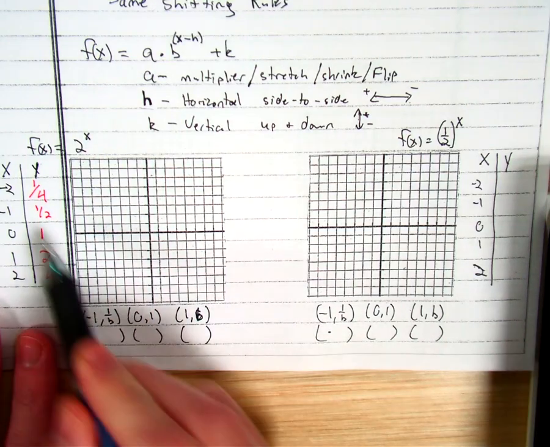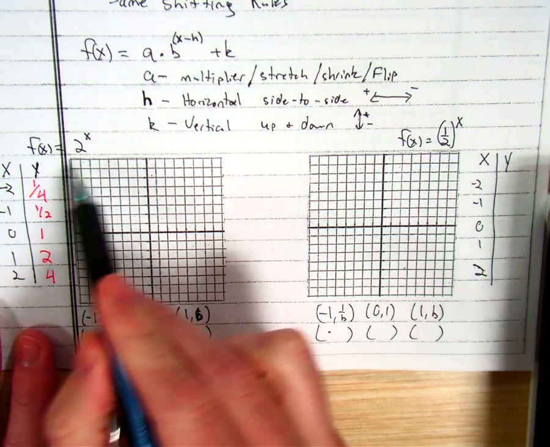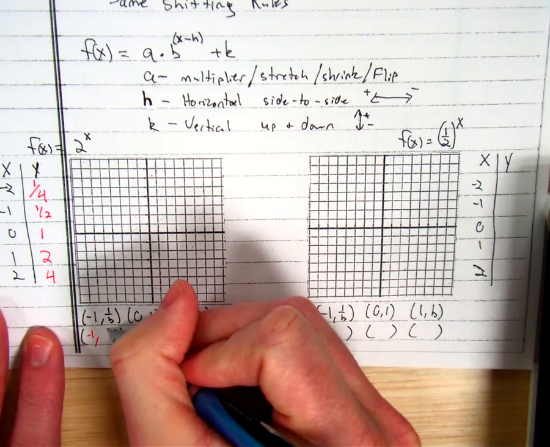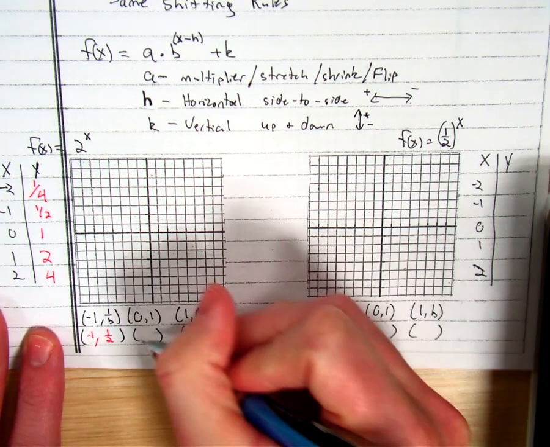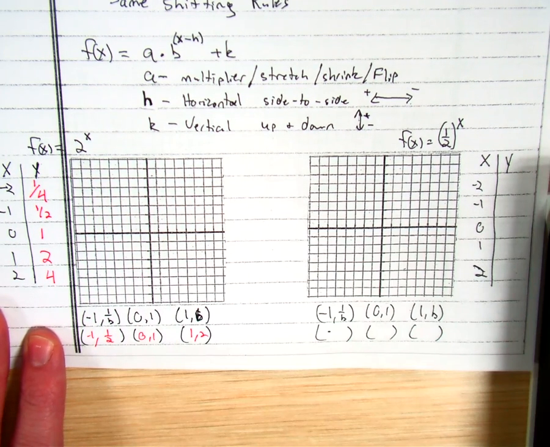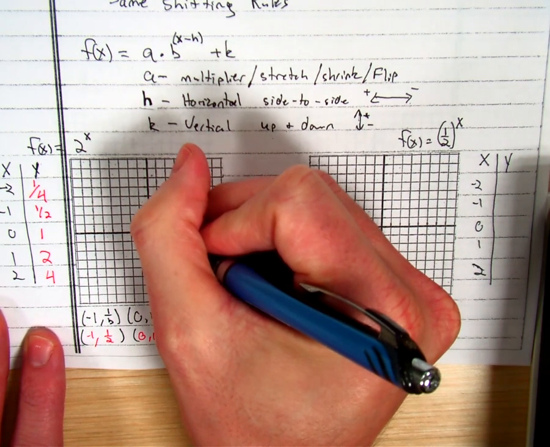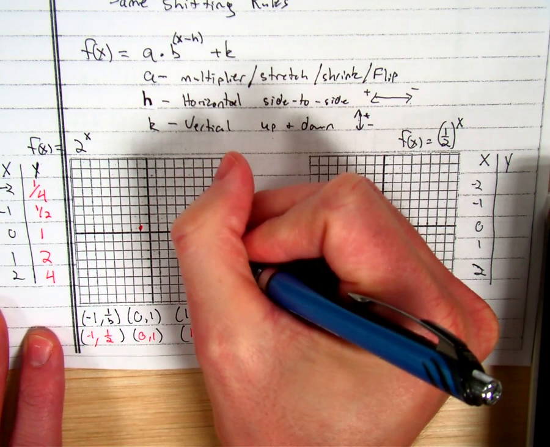So we're going to copy some of these over here. The negative 1 is going to be 1 over our b number. So negative 1, comma, 1 over 2. 0, comma, 1. 1, comma, 2. Negative 1, comma, a half is barely up there.